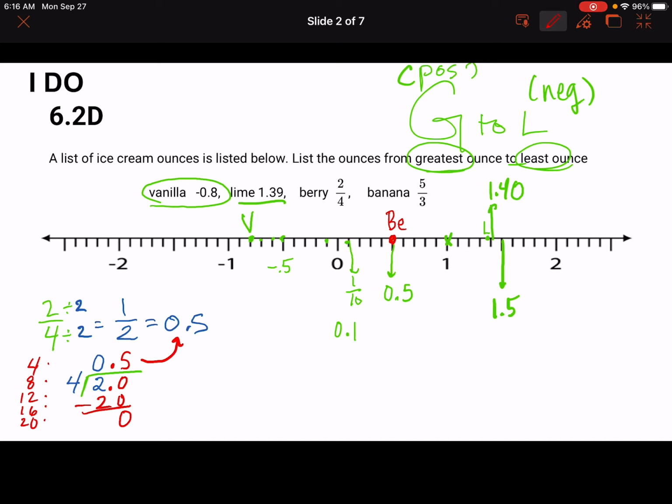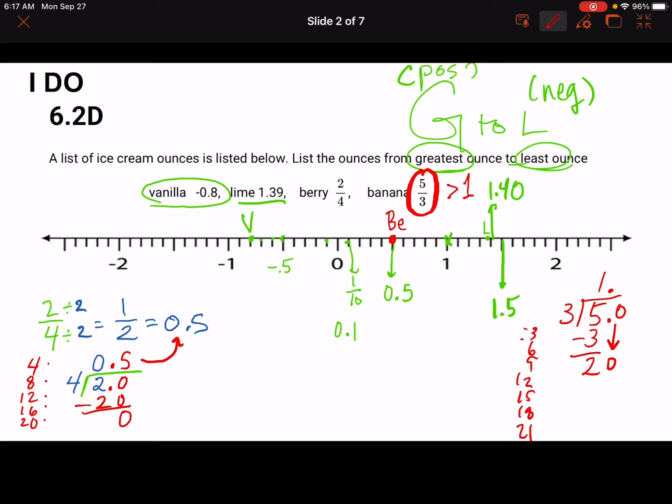Then we've got banana. Banana, we know, is an improper fraction. That means that it is going to be greater than 1. So let's figure this out. 5 divided by 3. 3 goes into 5 once. Add a decimal and a 0. Bring your decimal up. Bring your 0 down. 3, 6, 9, 12, 15, 18, 21.